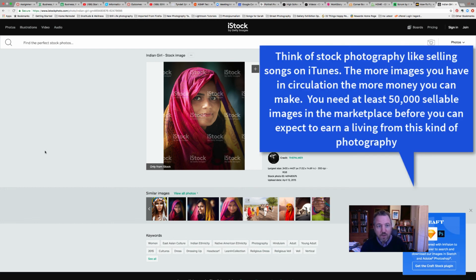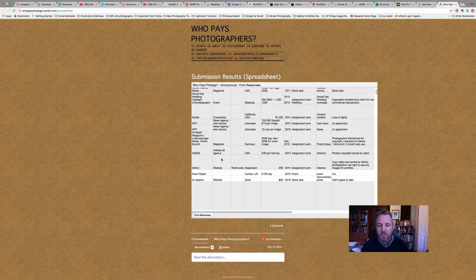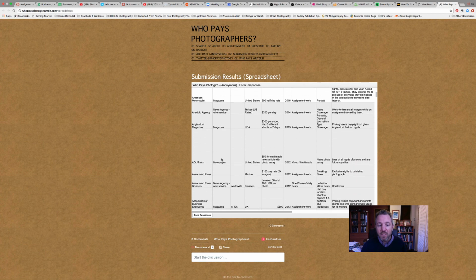And then the other thing is to look, if you want to be selling your photos to editorial publications. And here's a link to a spreadsheet. I think this is actually a WikiLeaks document that basically people anonymously submit how much they got paid from various editorial magazines, newspapers.